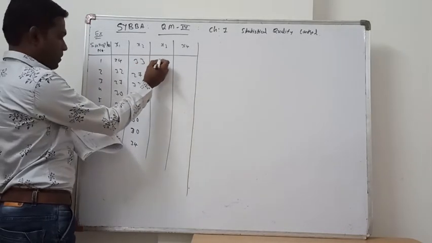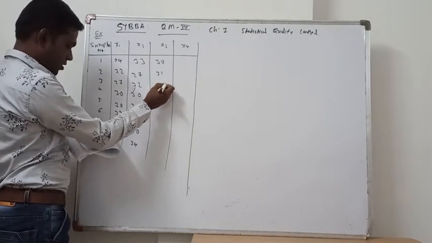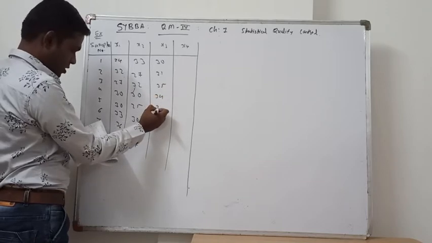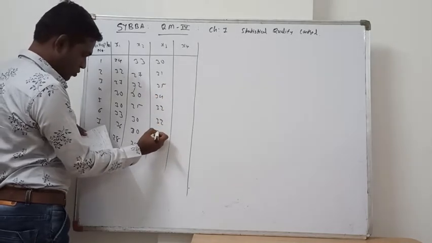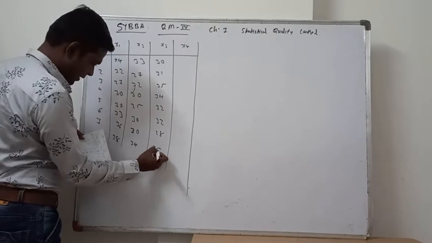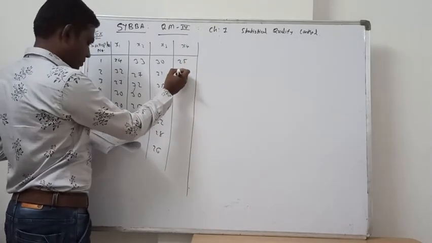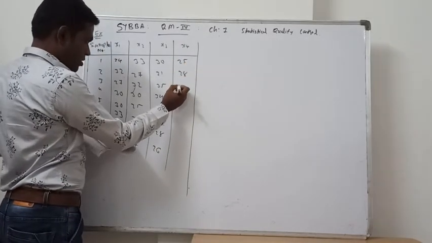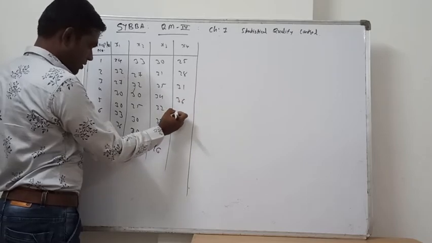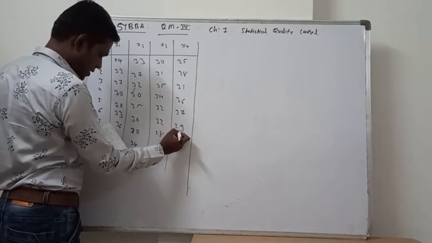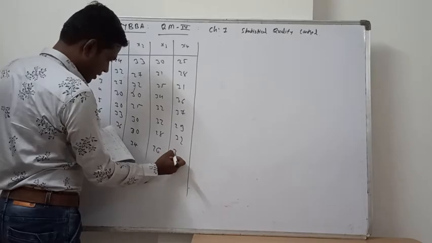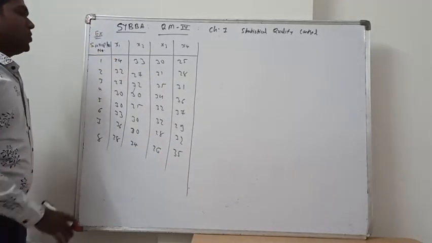Next 30, 31, 35, 34, 32, 32, 28 and 26. Next 25, 28, 31, 36, 37, 29, 32 and 35. So this is our question.